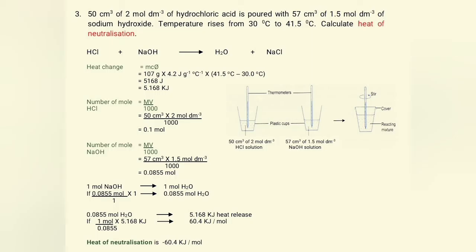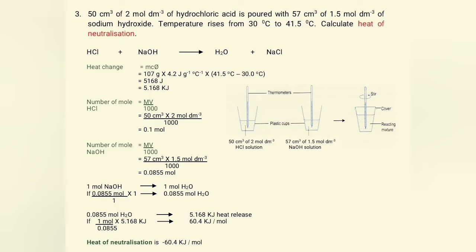This is because more energy is needed to dissociate both the weak acid and the weak alkali completely to produce hydrogen ions and hydroxide ions, which then react together to form 1 mole of water.